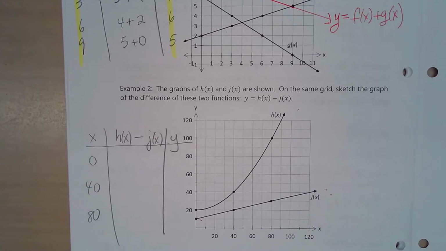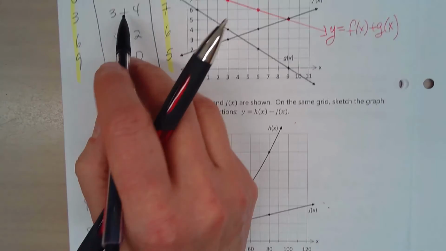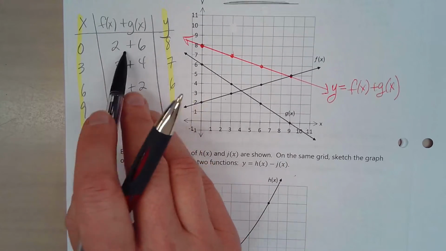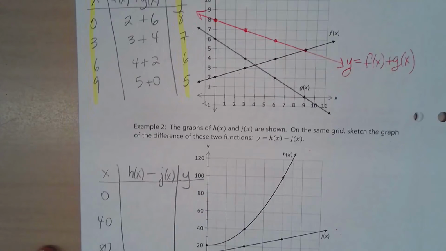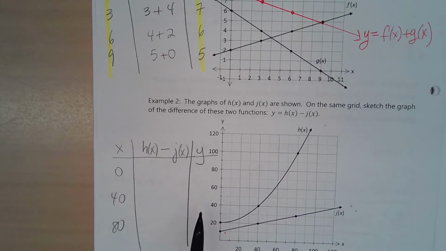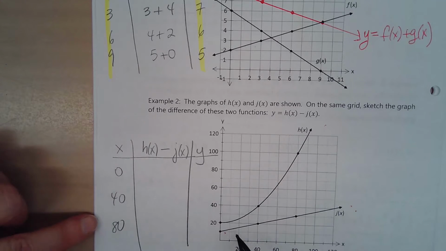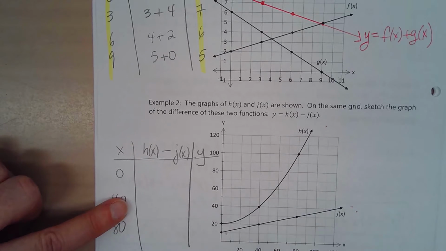It's h minus j. Remember, subtraction is not commutative. With the adding ones, it didn't really matter who I listed first. But here it matters because they want the y coordinate of h, subtract the y coordinate of j. So I have to record h first.